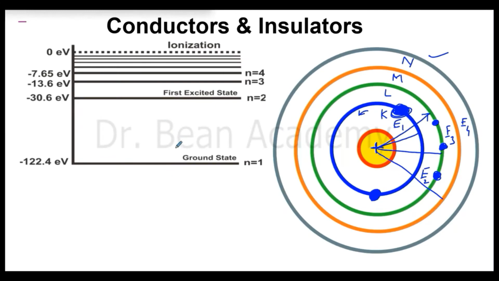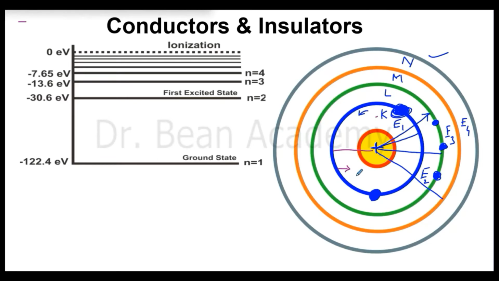Okay, so let's talk about the energy level diagram. As I told you, the first orbit from the nucleus, I labeled it as K. Here the electrons are tightly bound with the nucleus because they are closer to it, and as a result the Coulomb force of attraction is strong.